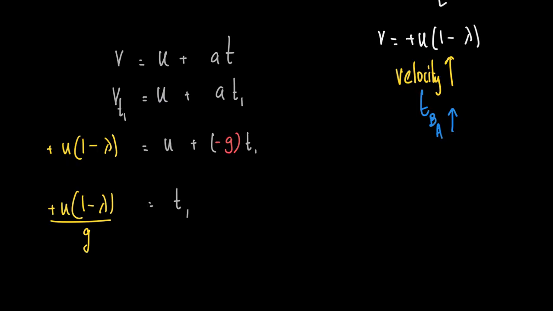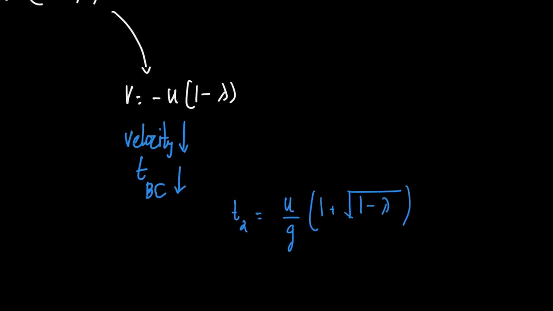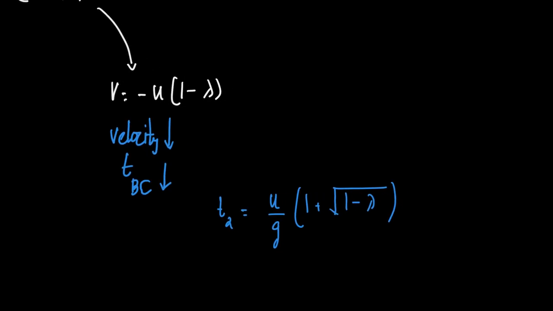Made a small mistake here, sorry. So this would actually have u into root of 1 minus lambda minus u, the whole by minus g, is equal to t1 while going upwards, and we have u into 1 plus root of 1 minus lambda, minus u, the whole by g, while coming downwards.